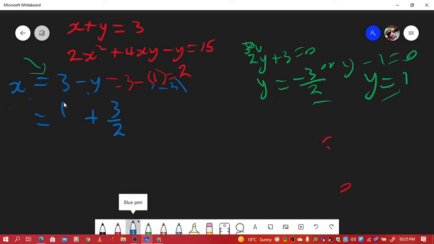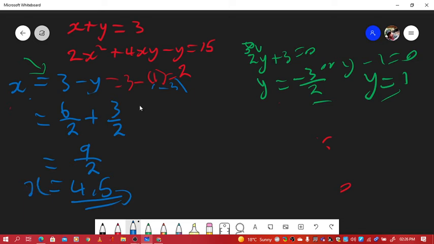So now I'm going to have 6 over 2. This is also 3. So if I add these two, I'm going to have 9 over 2, which is 4.5. So we have x equals 4.5 and x equals 2 with these y values. So when y is equal to 1, x is 2. When y is this, x is equal to 4.5, or 9 over 2.